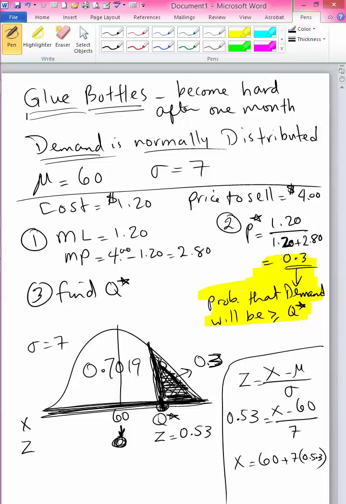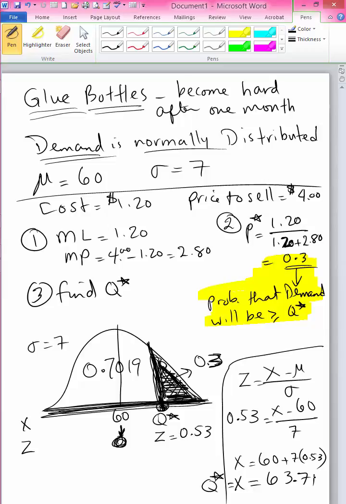If I multiply that, 7 times 0.53 is 3.71. So that says that my Q star, which is this x that I solved for, is 63.7.